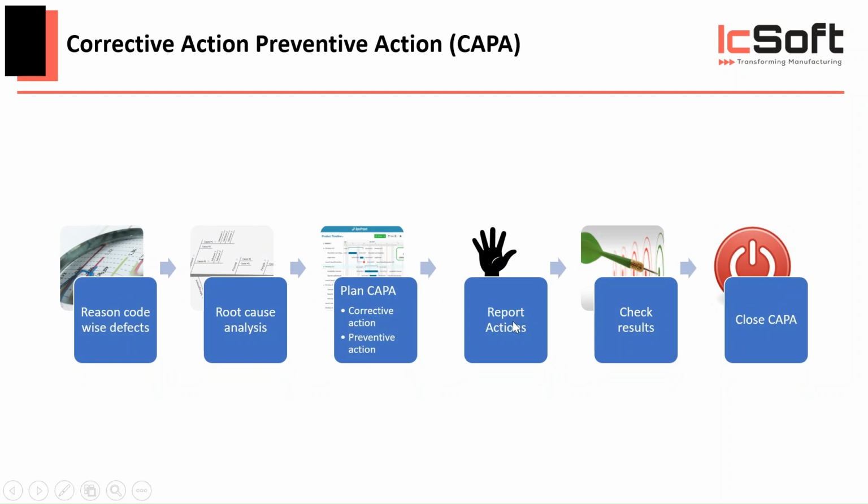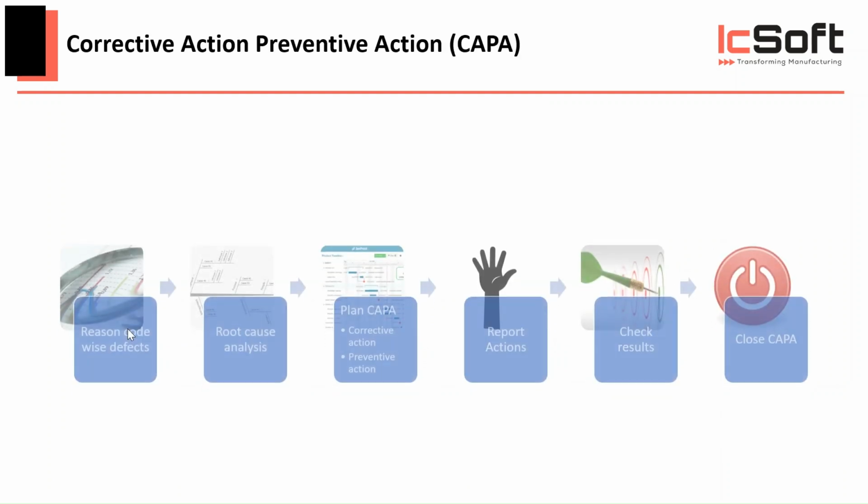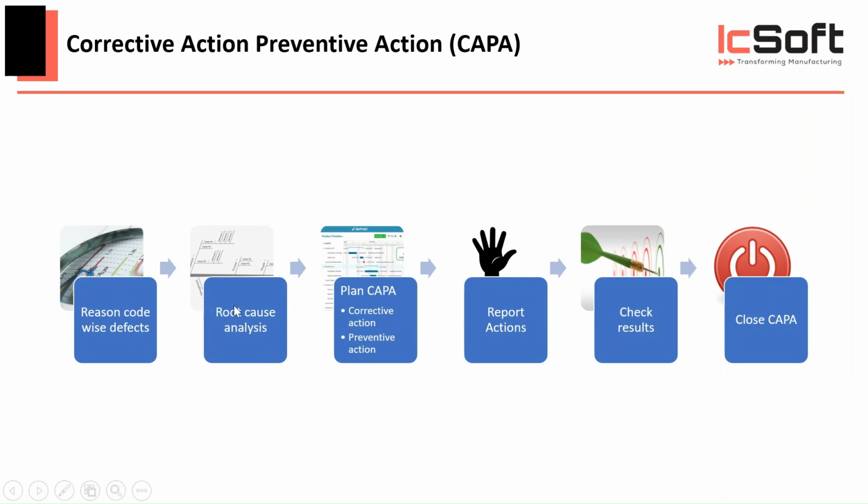We capture reason code wise defects. We do like we did here. Okay. And we said, for example, that dent at fixed pitch or missing notch is something which we now need to take care of. So next step is we do a root cause analysis. Why these defects are taking place. And we may identify something to do with the machine, something to do with the tools, something to do with the way operator is performing certain operations.